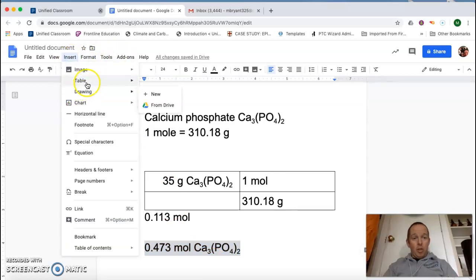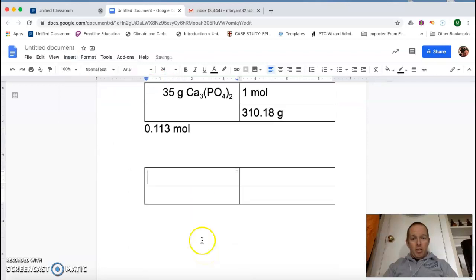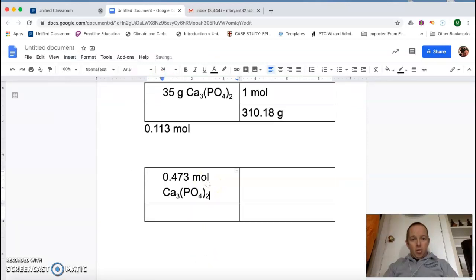So we're going to put in another table that's going to substitute for our grid here, and we'll go ahead and put in our 0.473 moles of calcium phosphate. In order to cancel out this first unit, we need to put that same unit on the bottom.